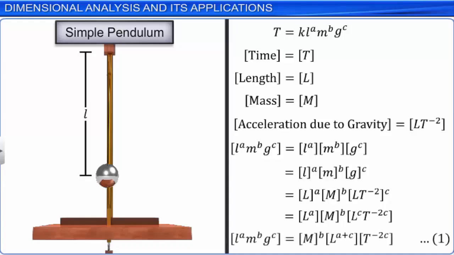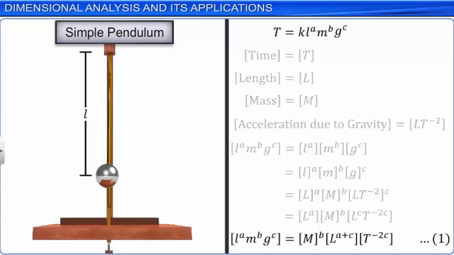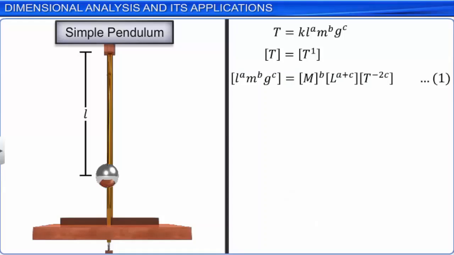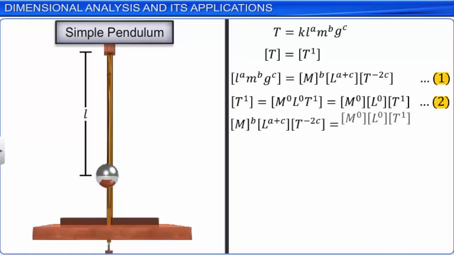The dimensional formula of the quantity on the left side of the equation is as shown. As we do not have the term for M and L on the left-hand side of the equation, we take their powers to be 0 as shown. Let this be equation 2. Equating equations 1 and 2, we compare the powers of the base quantities on both sides of the equation.